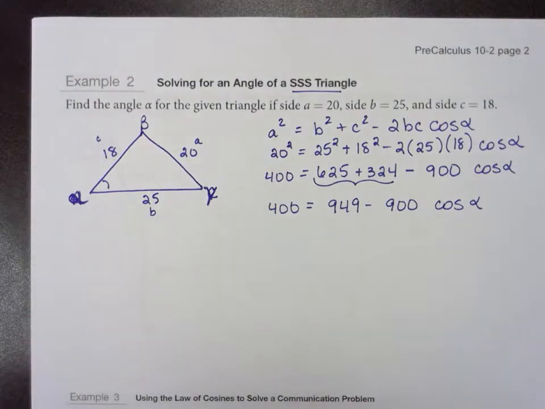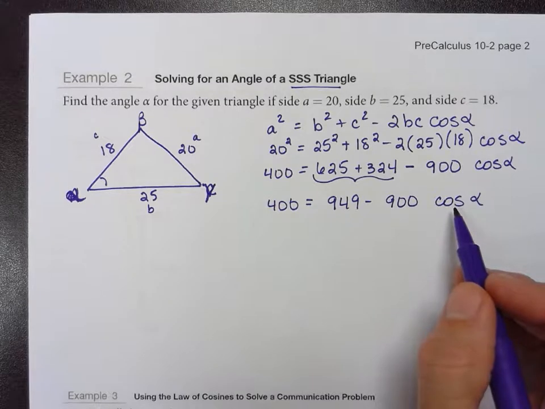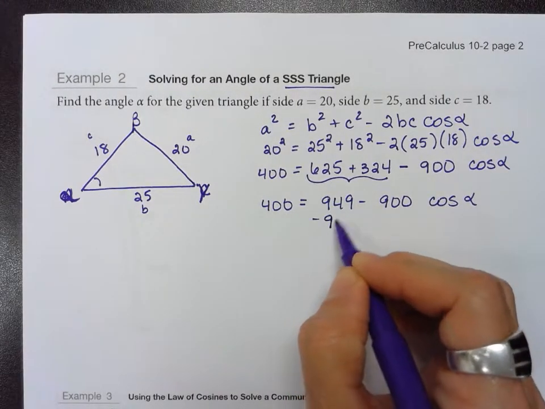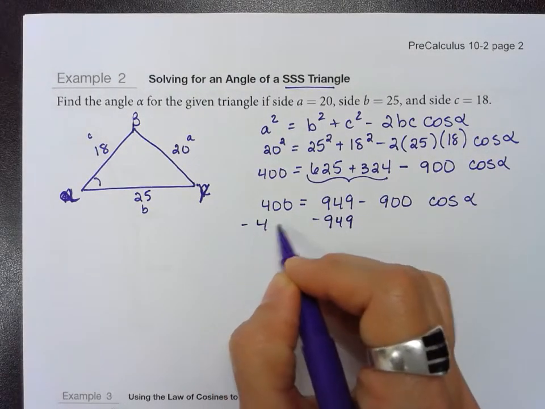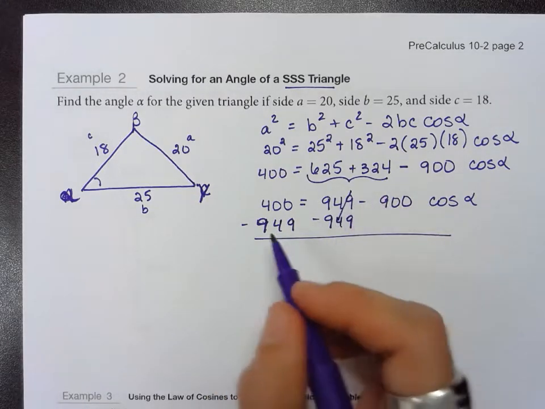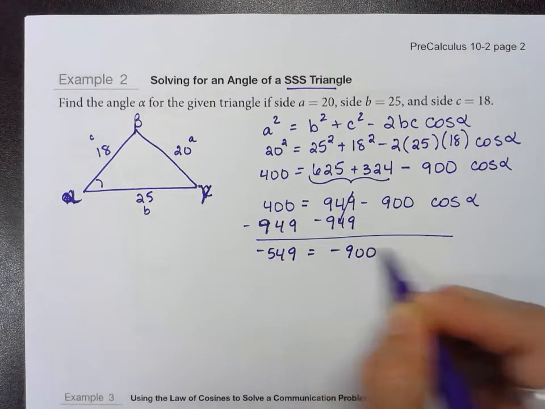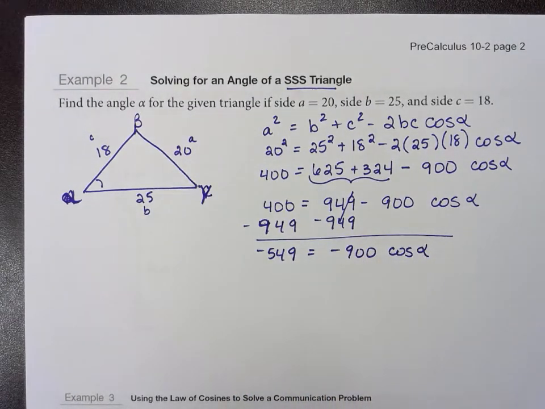So we're trying to get alpha by itself. 900 is multiplied by this cosine. So what we need to do is subtract the 949 first. That will give us negative 549 is equal to negative 900 cosine of alpha.